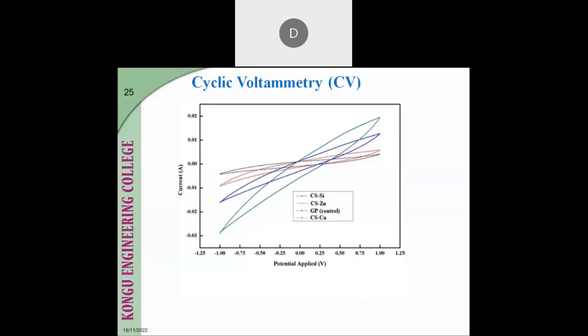And now, of course, what we can conclude from this CV is that the electrode changed properties compared to the other electrodes.